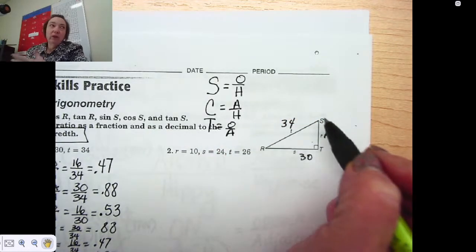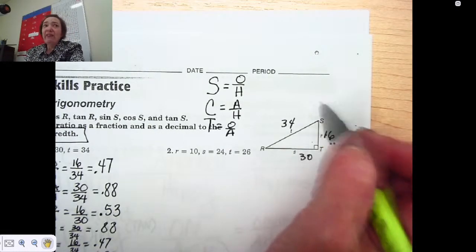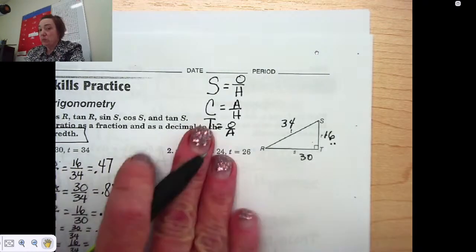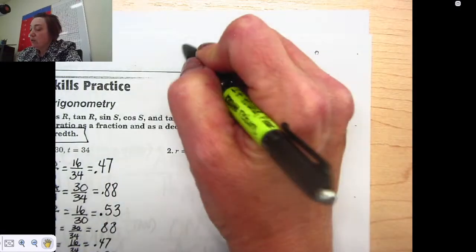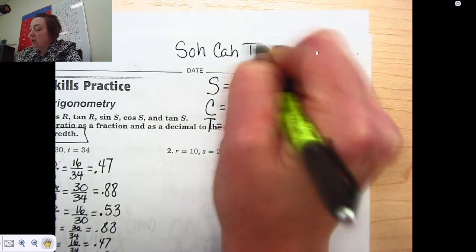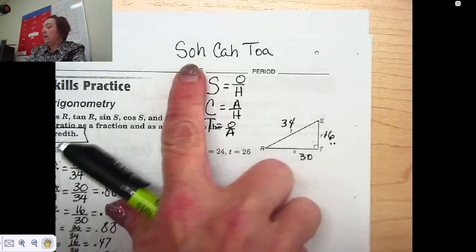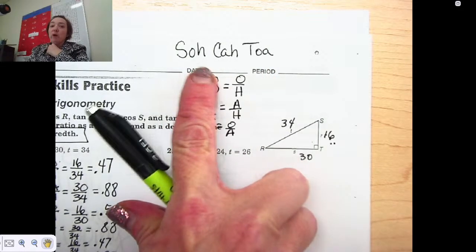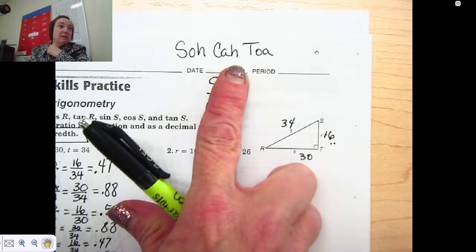Now I do want to tell you there's another method that a lot of people really like. I personally prefer this method. This is easier for me to remember. But another method that people use is SOHCAHTOA. Now, y'all know I can't spell. So the only reason I spelled this correctly is because I know what it is, right?